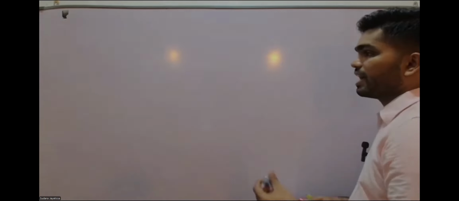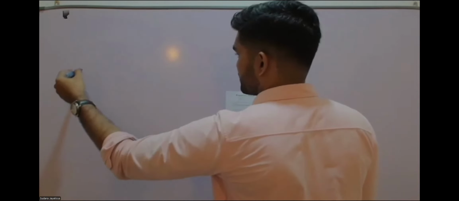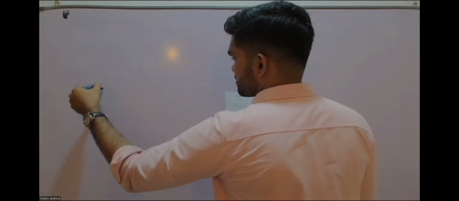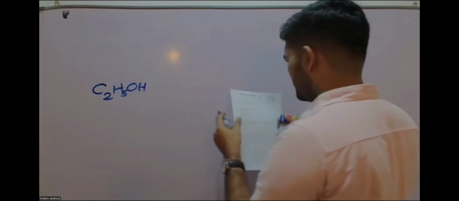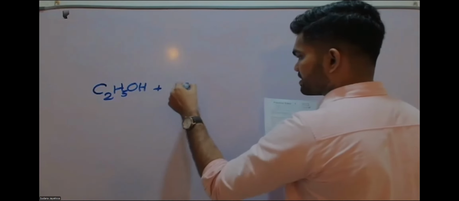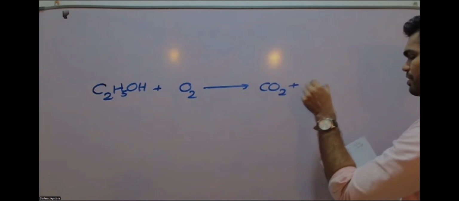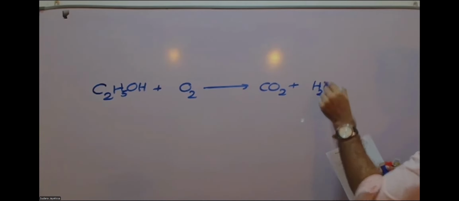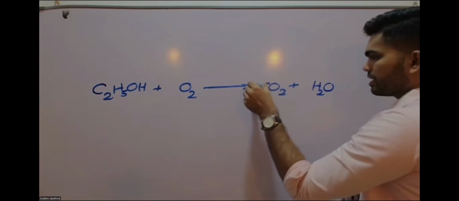First of all, we have a chemical reaction which we need to balance. Ethanol, C2H5OH, the formula is given. It is going to react with oxygen to give you carbon dioxide and water. There are two carbon atoms, so it gives 2 carbon dioxide.